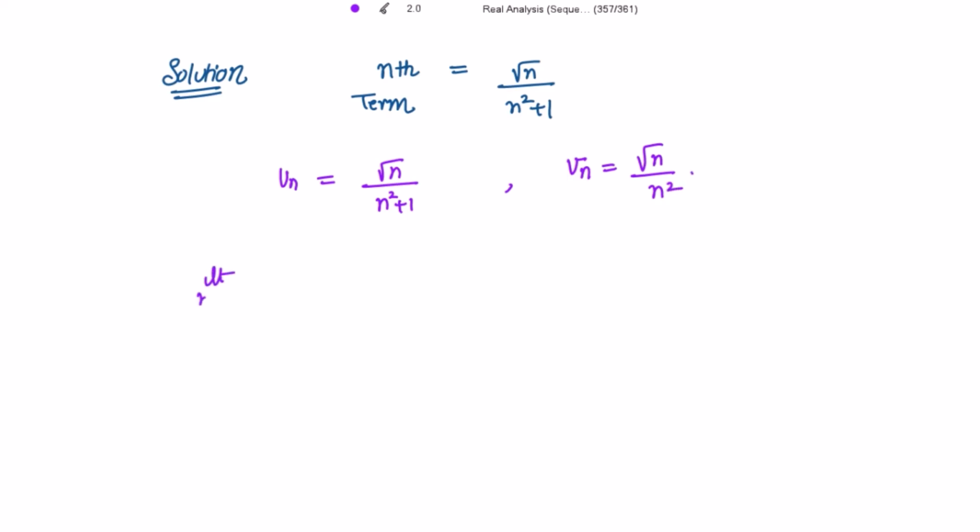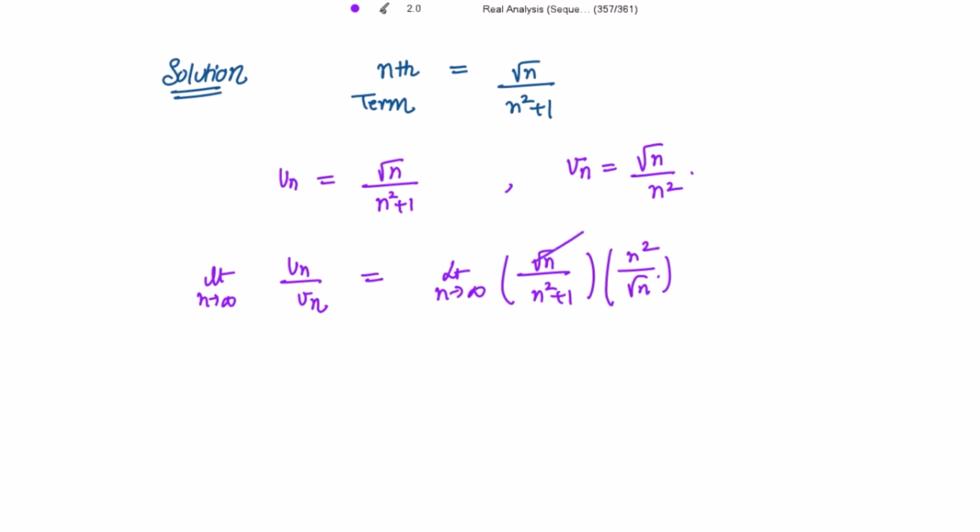When taking their ratio and applying the limit, we get the limit of square root n divided by n square plus 1, into n square divided by square root n. Cancelling this, again if I take n square common from the denominator, these two cancel out, and when taking limit n tends to infinity I get 1.